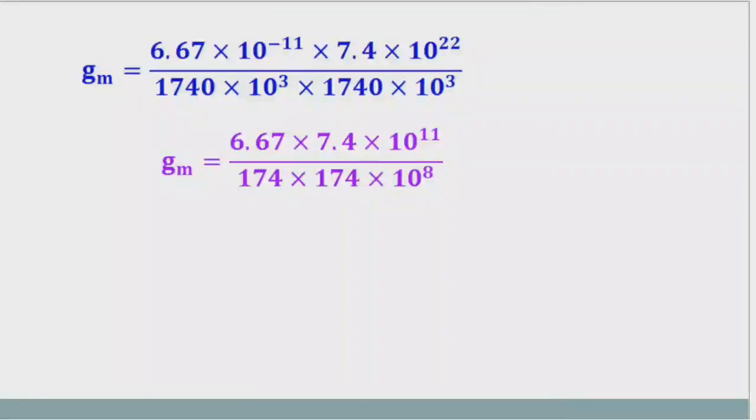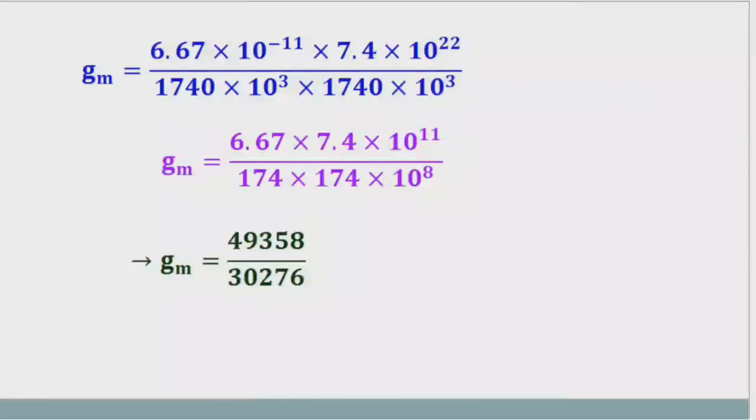Gm is equal to 6.67 into 7.4 into 10 power 22 into 10 power minus 11, that is 10 power 11, divided by 174 into 174 into 10 power 1, 10 power 1 and 10 power 6, total 10 power 8.